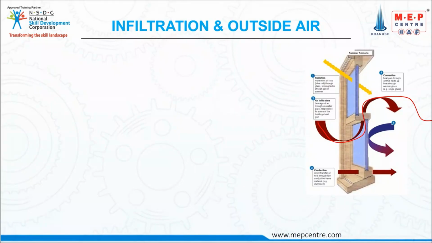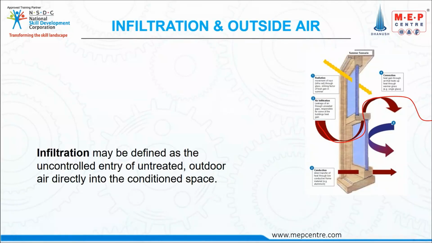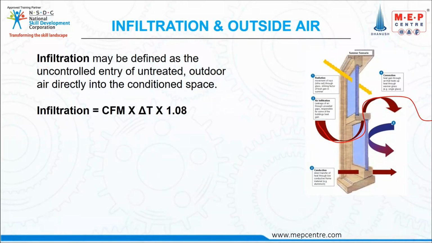Hot. Outside air is hot air, and that heat is adding to the room, right? So that heat we are calculating. To calculate the infiltration, we have a formula: CFM into delta T into 1.08.